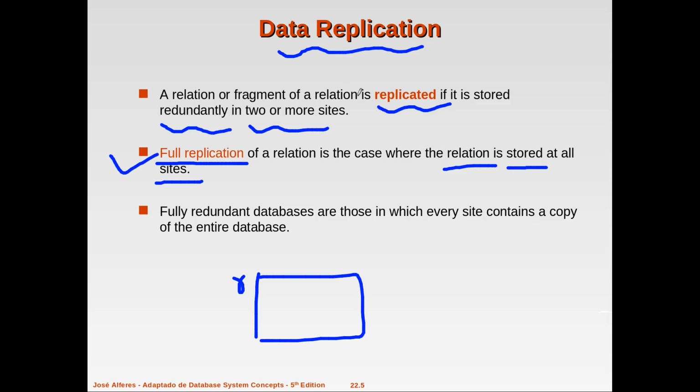So basically replication means some data are replicated, but full replication means the entire relation is stored in all the sites. So there won't be any problem with accessing the data that is fully replicated, because even if most of the sites are under failure, we will still get the data from the site which is active.